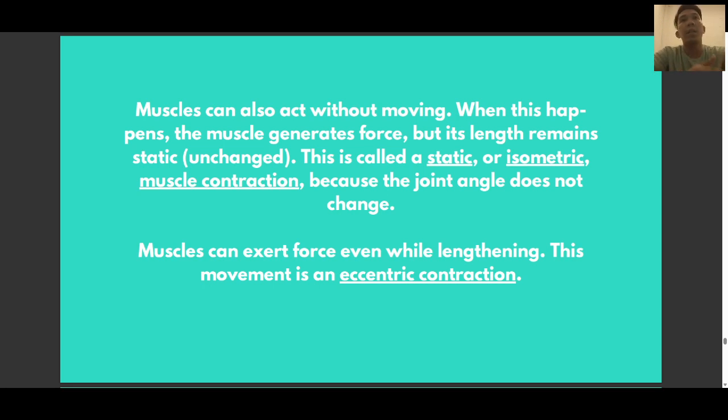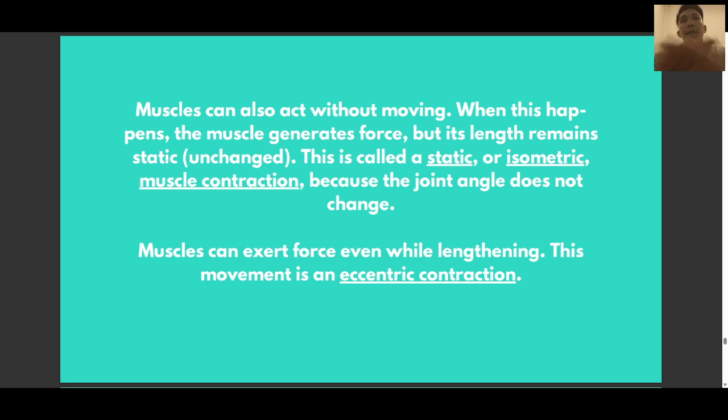So in a static contraction, let's recall the process of the sliding filament theory. The myosin cross bridges form and recycle to produce force. But the external force is too great for the thin filament to be moved. So that is the reason why they remain in their normal position. So the shortening can't occur, right?